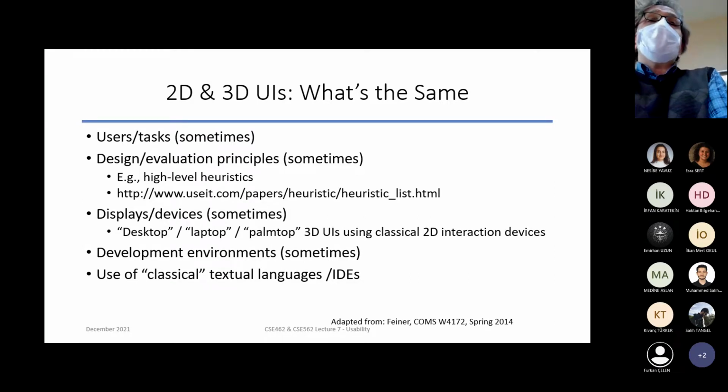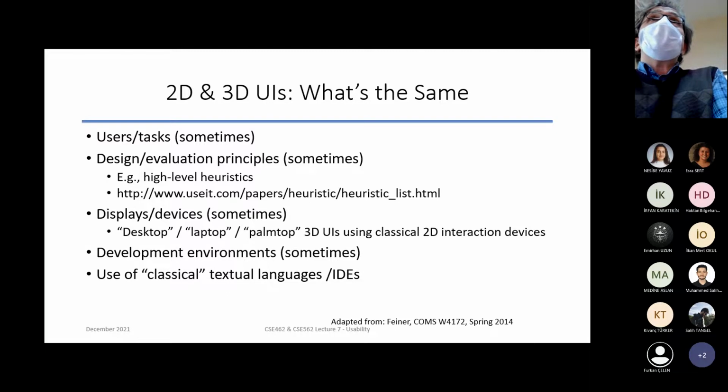So we have to understand if the users and the tasks are the same as 2D user interfaces, and sometimes they can be, but most of the time I think they are different. And then the second thing, we have to have some way of evaluating and designing these experiences, these user interfaces.